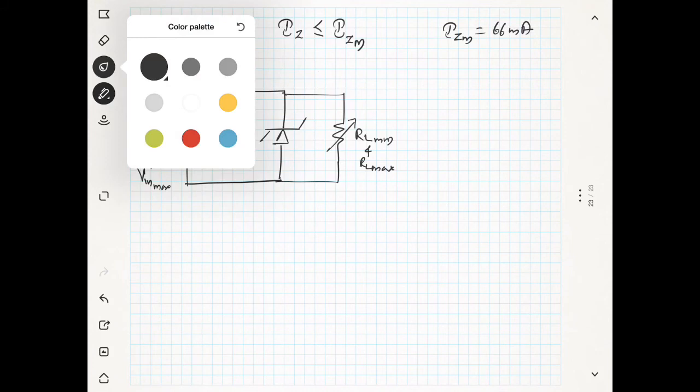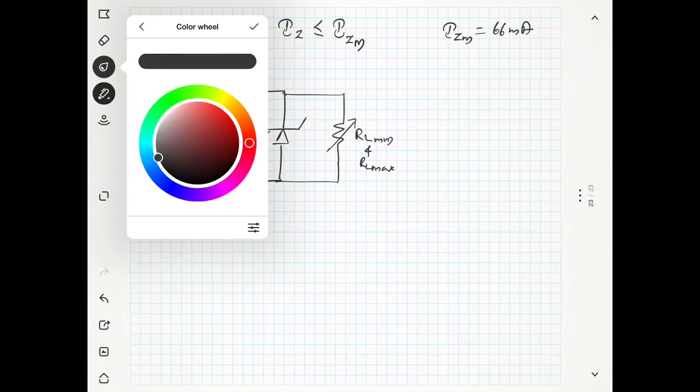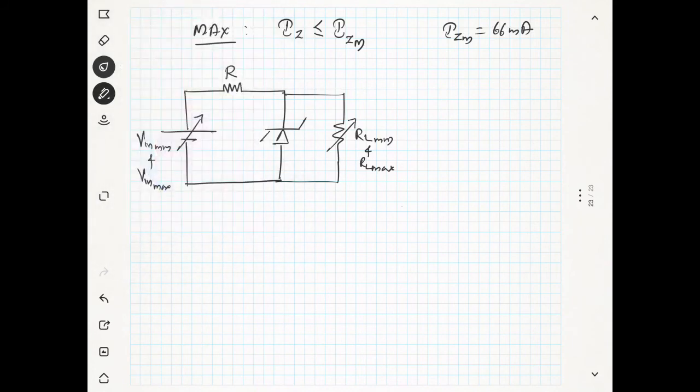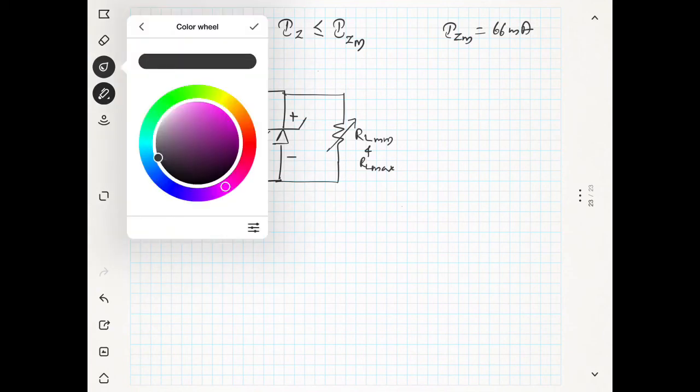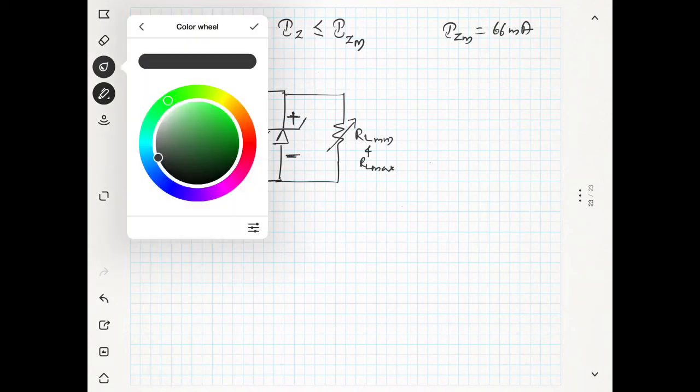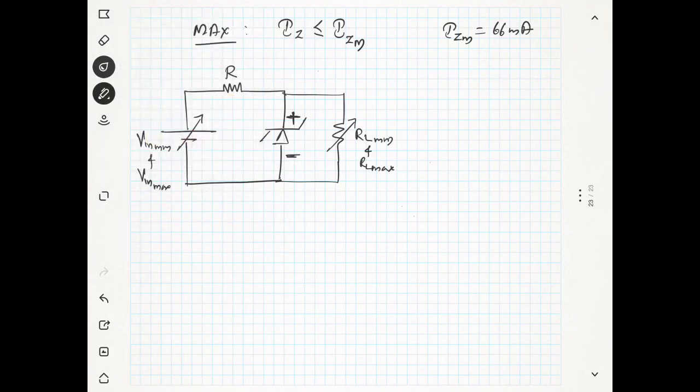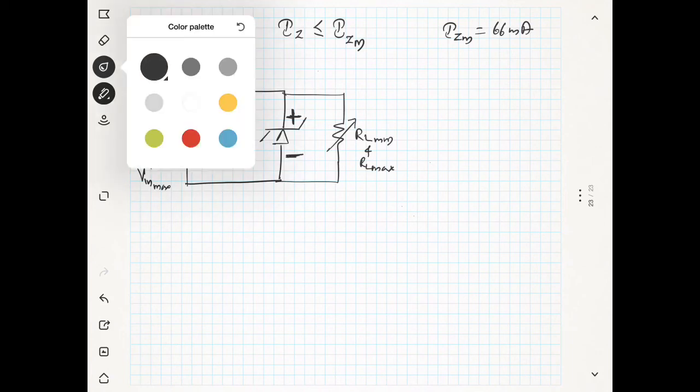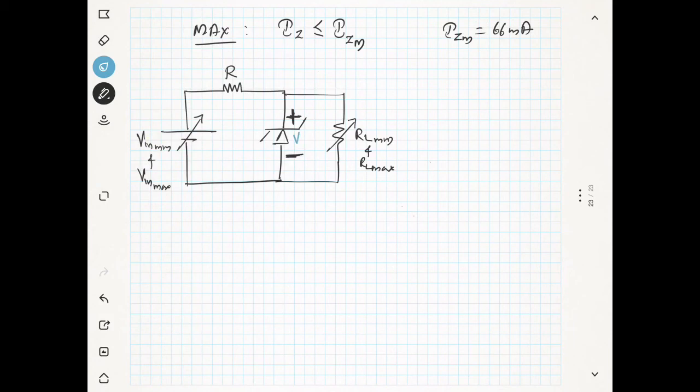Now you can see here, we are talking about the maximum current condition. The voltage across the Zener diode will be something like this. This is Vz.